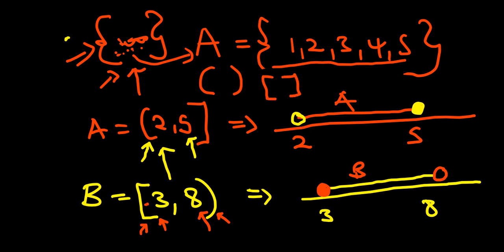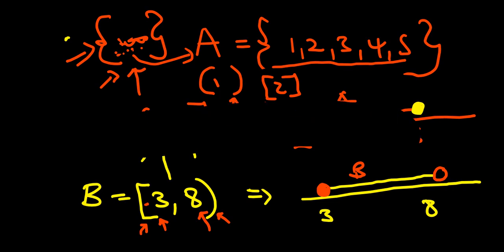These two are used to represent infinite sets, where you can't count the number of elements in that set. This square bracket means that the endpoints are included, and if you have a curved bracket, it means the endpoints are not included. So that's what I was explaining there.